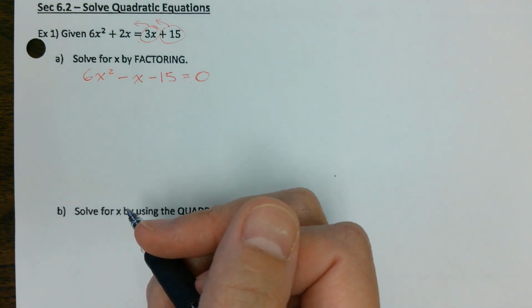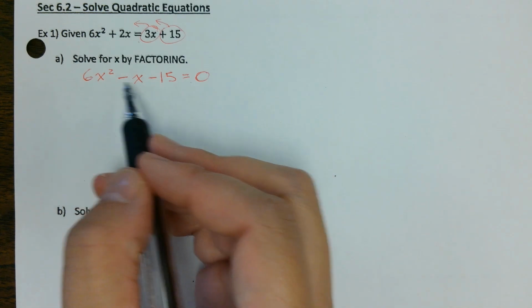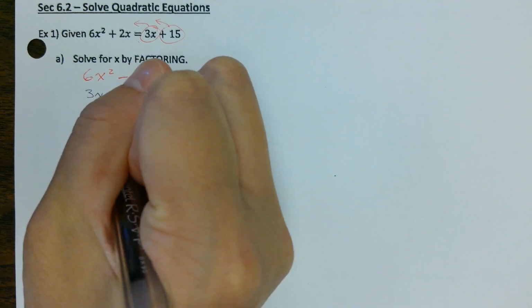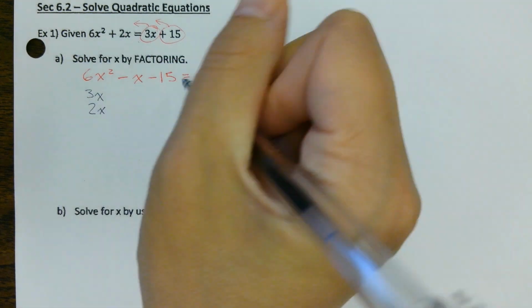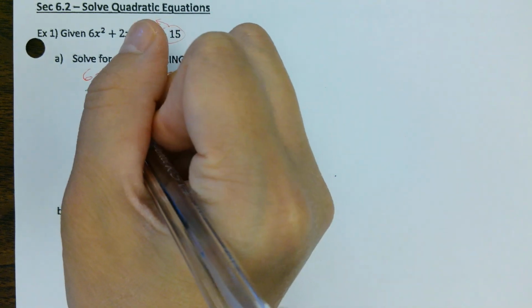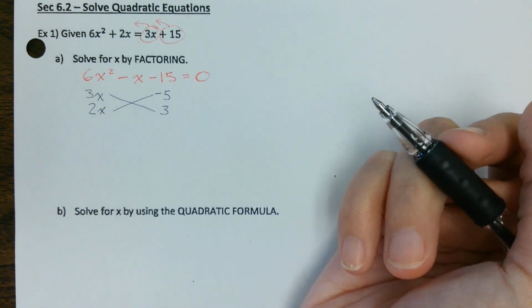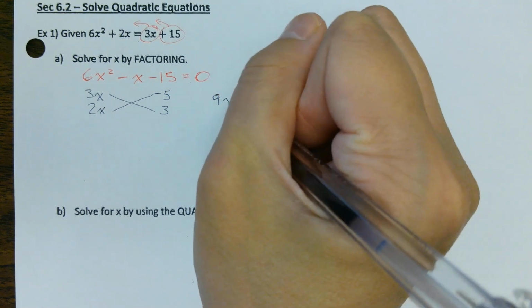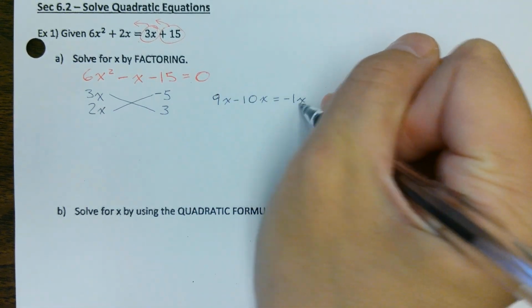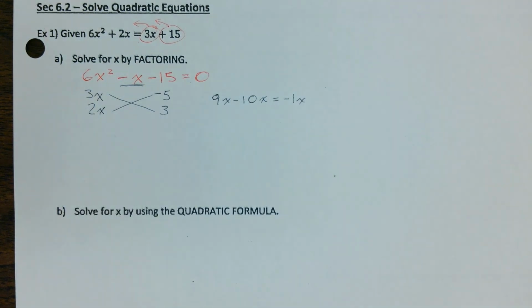So this is factorable. Remember the method that we used in chapter 4? How do we factor this? 3x times 2x gives you 6x squared. Negative 5 and 3, when you cross multiply, you get 9x minus 10x, which is negative 1x. That's my middle term. That's what we wanted. Is this coming back to you? Maybe.